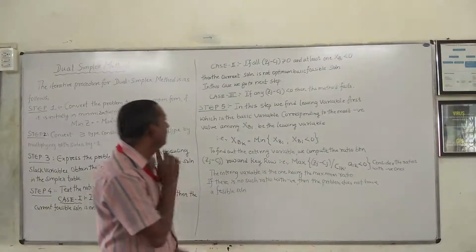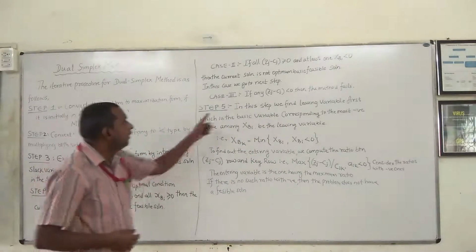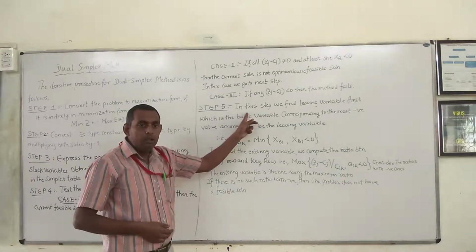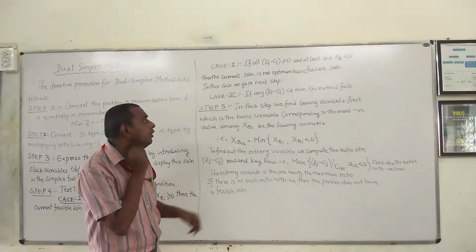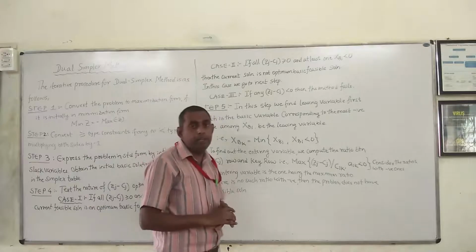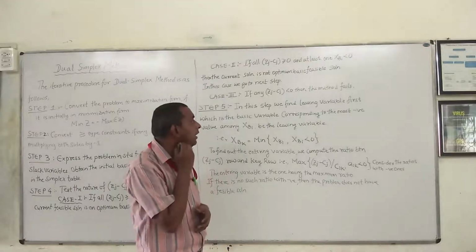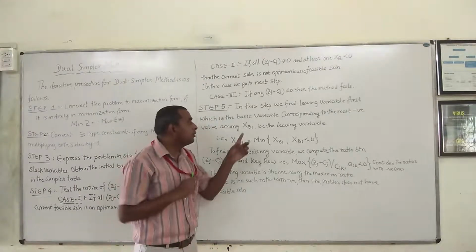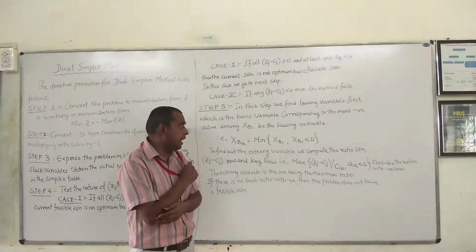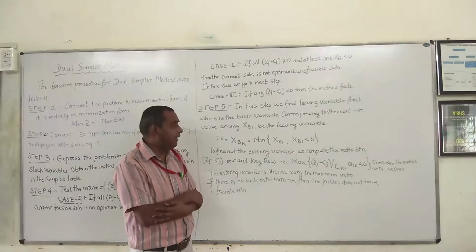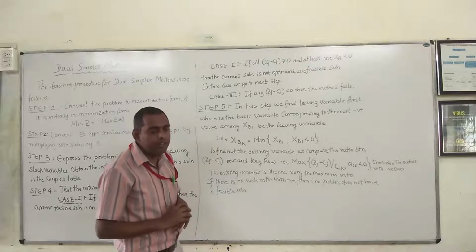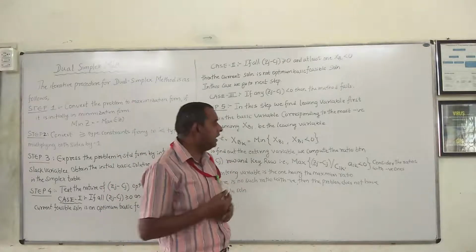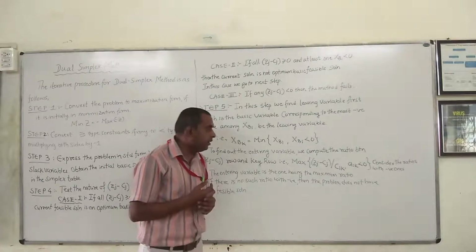What happens here? In step number 5, we need to find first the leaving variable. How to find the leaving variable? We need to find the most negative among the xbi, which becomes the leaving variable. Once we got the leaving variable, we need to find the entering variable. So how to find the entering variable?